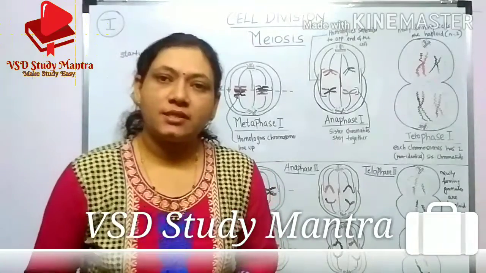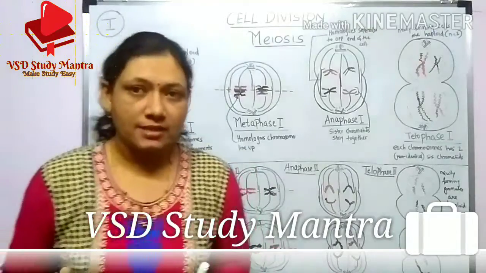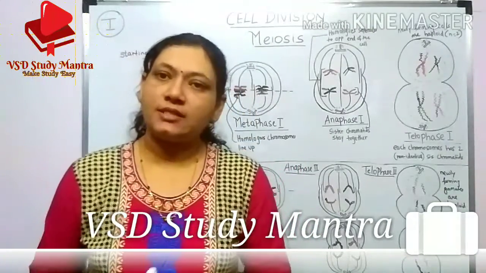What is meiosis? It is the process in which reproductive cells divide into 4 haploid daughter cells.